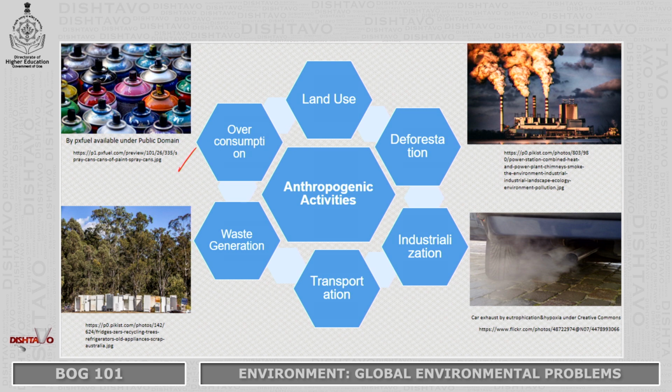We use refrigerators. Using refrigerators is not bad, but the way we dispose of the refrigerators, especially the compressors, is what is leading to the release of the CFCs that are used in these compressors for the cooling effect.